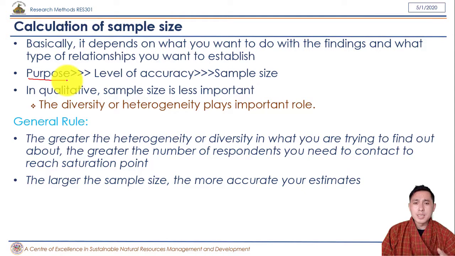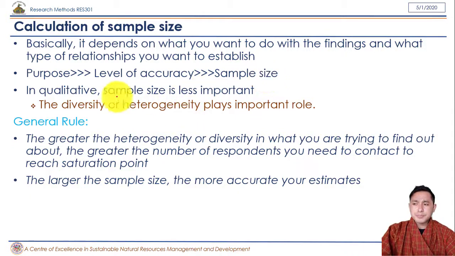If a purpose is something that we really do not want to look at very high accuracy, it's not a very specific kind of research, it's not in-depth research, it's just knowing a general view, a general idea of something else, then the level of accuracy will be less, and accordingly the sample size can be less.